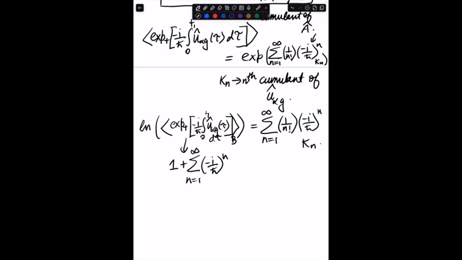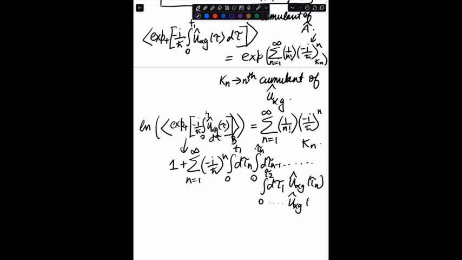So the summation goes from 1 to infinity, minus i upon h bar to the power n, integral from 0 to t1 d tau n, 0 to tau n d tau n minus 1, down to 0 to tau 2 d tau 1 of, and then you have these energy gap operators, u hat alpha g tau n, so on and so forth, to u hat alpha g tau 1.